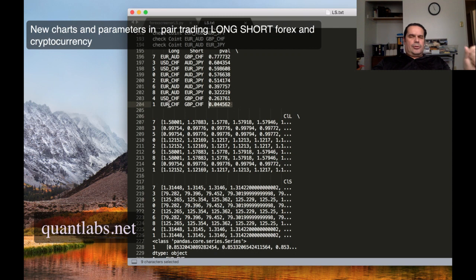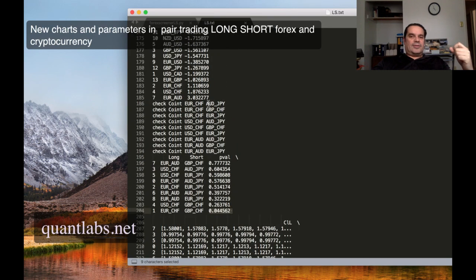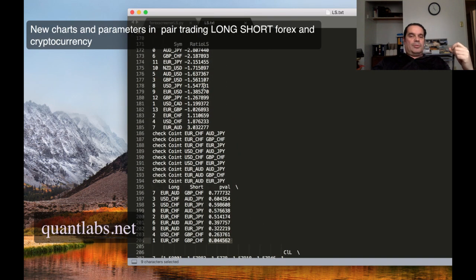So the long is your euro against Swiss franc and the pound against the franc. That's your short with this co-integration, and if it's less than 0.05, chances are it may be co-integratable. So that's the metric that was to be used.